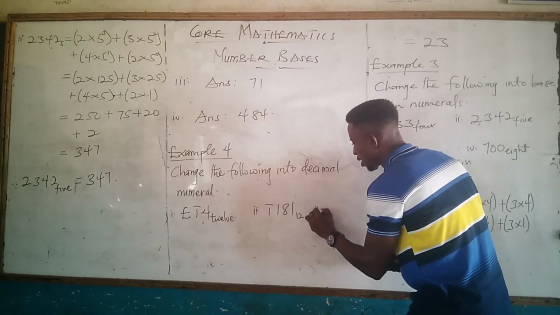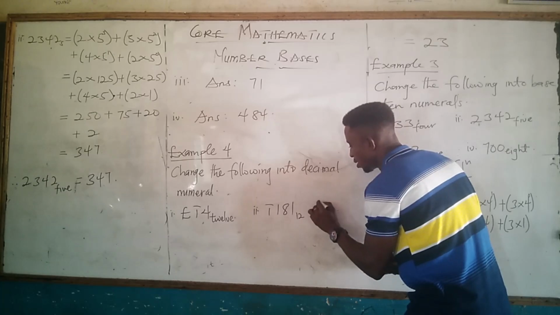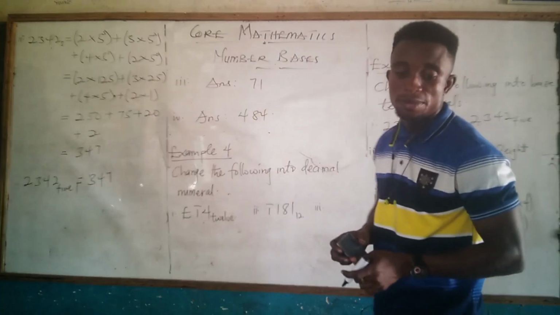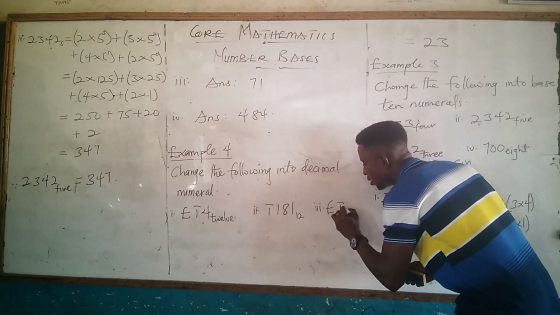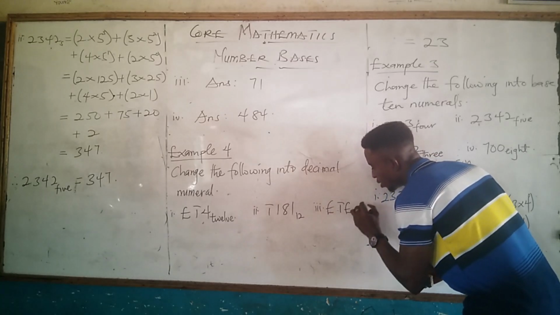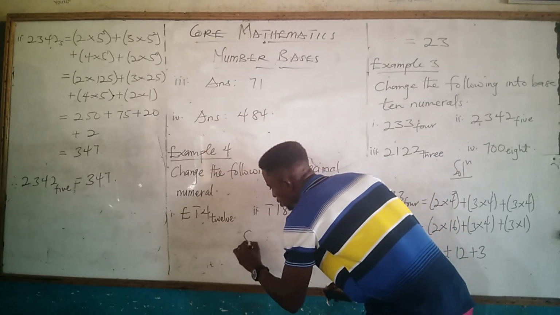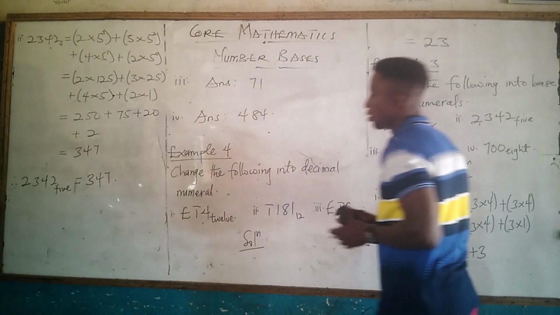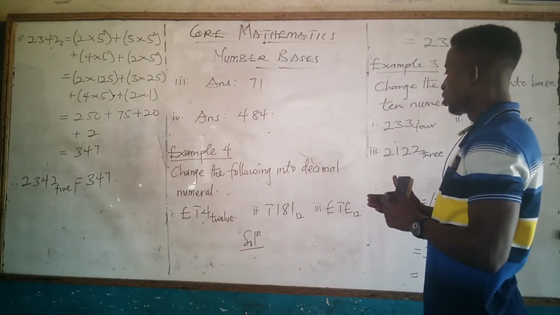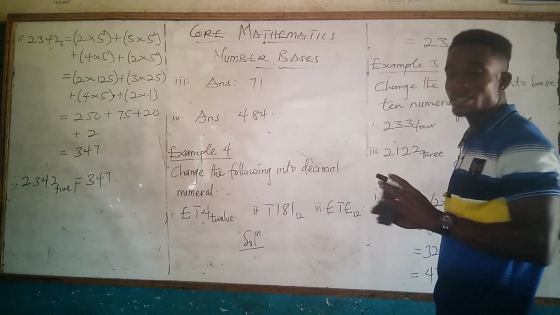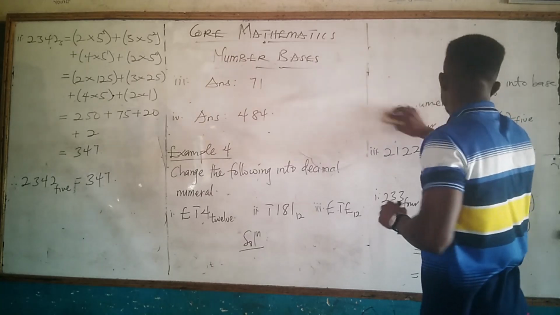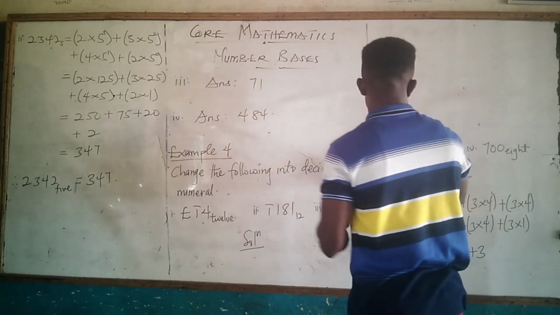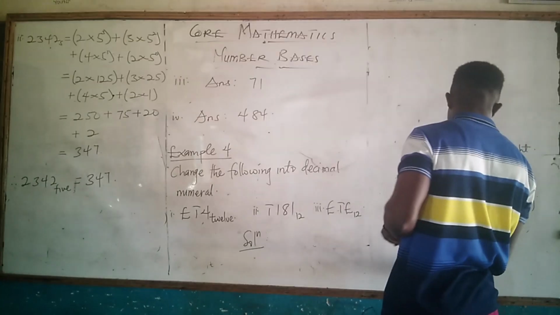And the last one, III, E base 12. So we put solution. Okay. So this one too, I'm going to solve one with you, then you solve the remaining ones yourself. So I'll solve two with you, then I leave the last one for you to try.